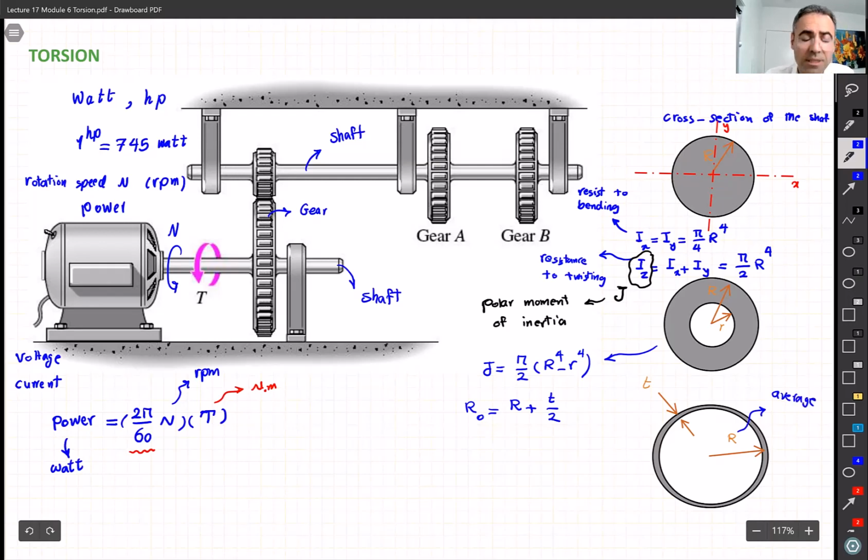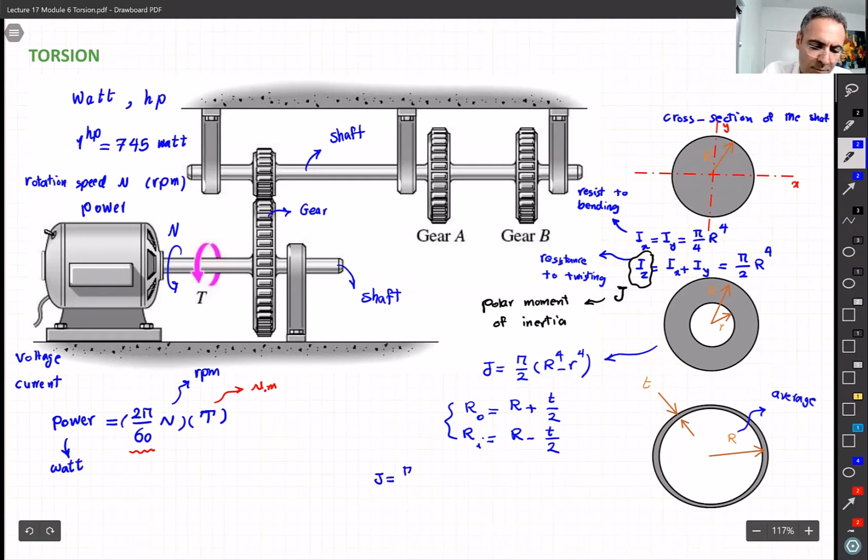So it's not the outer radius, it's not the inner radius. So if in a problem you are given the outer radius, in order to find this R, you need to subtract half of the thickness. And the inner radius will be R minus half of T, right? Now it becomes very similar to the previous one.